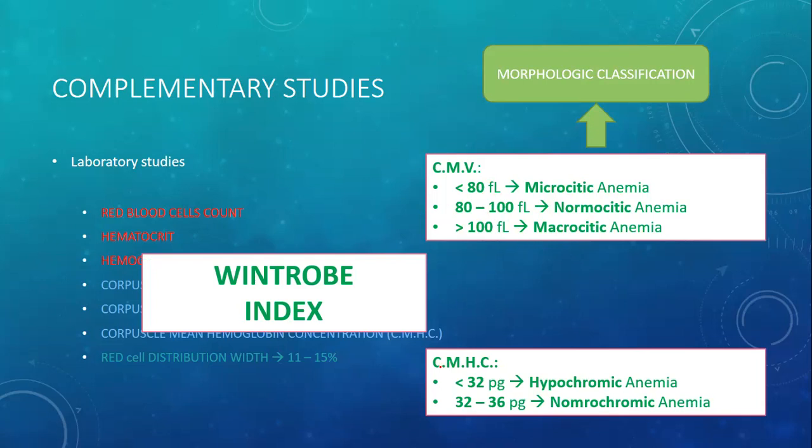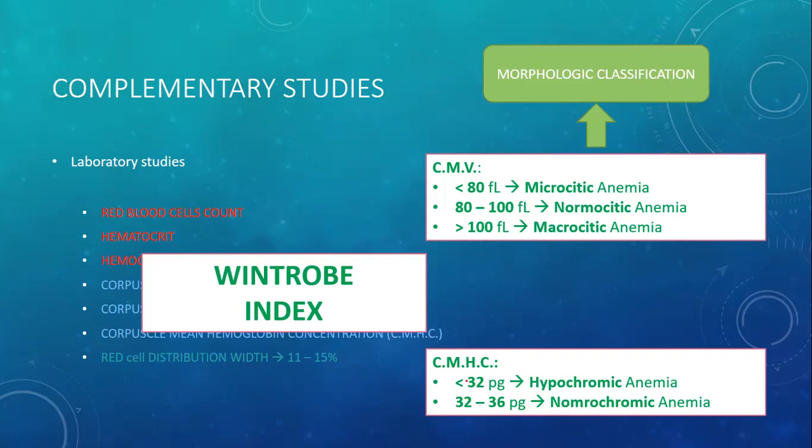And when we talk about CMHC, the concentration of hemoglobin according to the percentage of hematocrit, the normal range is between 32 and 36, okay? When the blood of the patient has this concentration of hemoglobin, it is normochromic anemia, right?